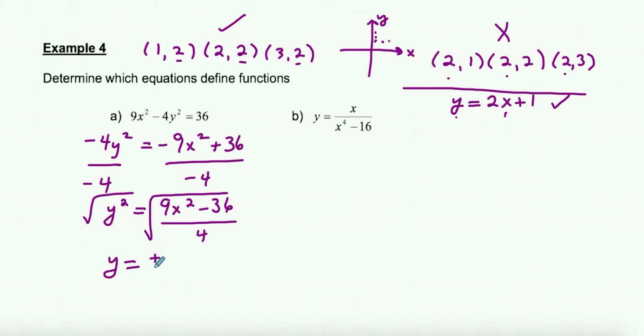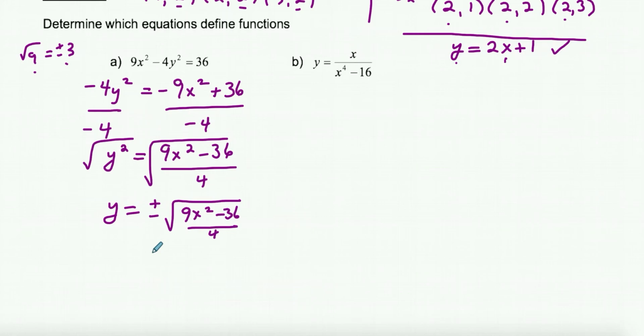So that is the positive or negative square root of 9x squared minus 36 over 4. What that means is when you take the square root of something like the square root of 9, that gives me positive or negative 3, because negative 3 times negative 3 is also 9.